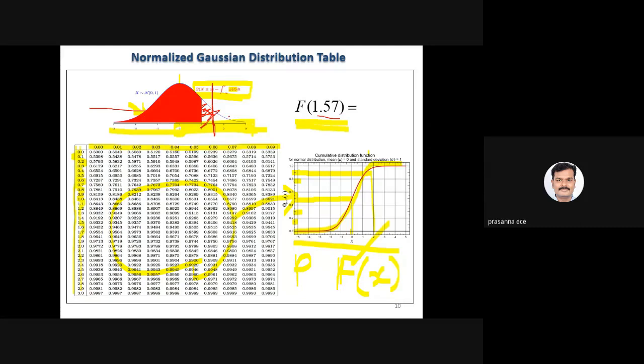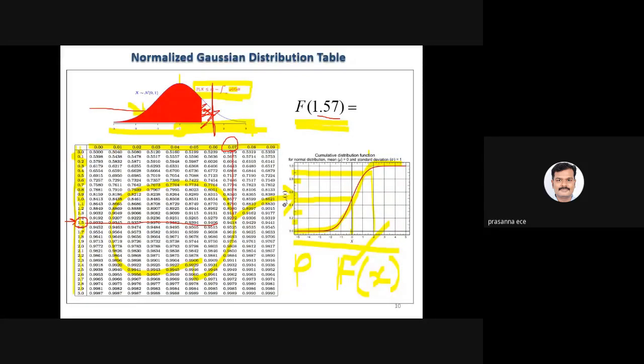That value is given in this tabular column. So how to find that value? Along the leftmost column, you go to this point. Can you see 1.5 here? In the leftmost column, go to 1.5. On the top row, choose 0.07. Look at the value at the coincidence of these two points.